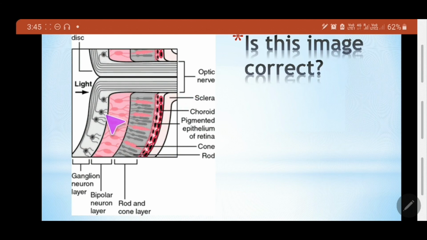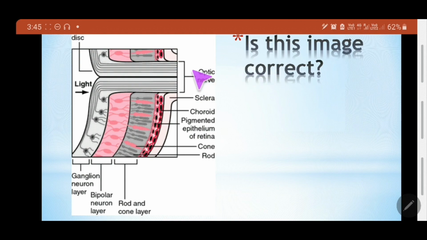As you move peripherally, the fibers are converging towards the center, and they are emerging towards the center of the retina. As you move towards the periphery, the fibers are becoming more centrally placed.